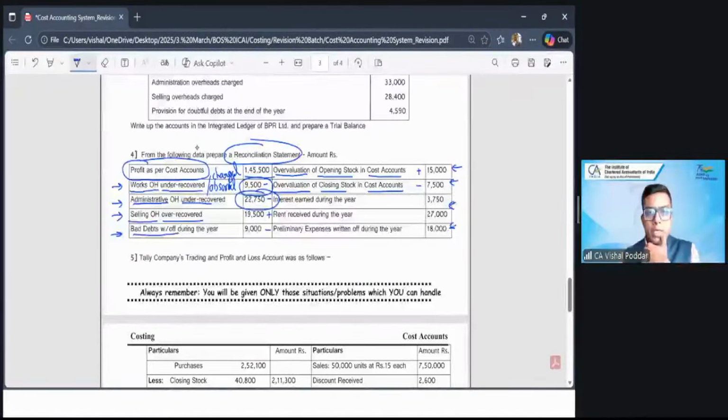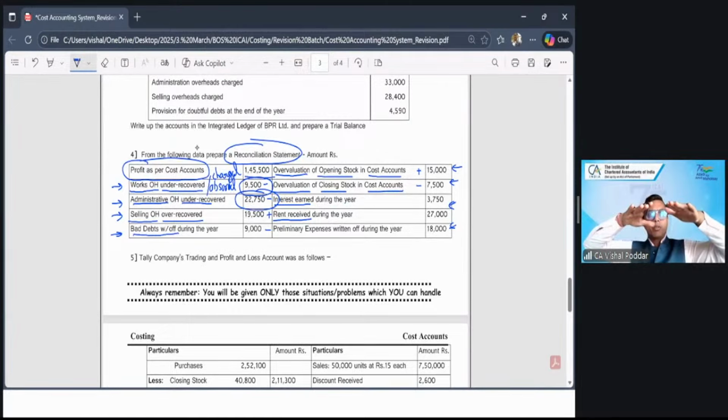Next, interest earned. Now, this is a financial income. Interest earned is covered only in financial books. Cost accounting books do not cover these items which are of financial nature. Similarly, rent received; both these are financial incomes. Now, what is the impact? Since these are financial incomes, the impact is only in financial books.